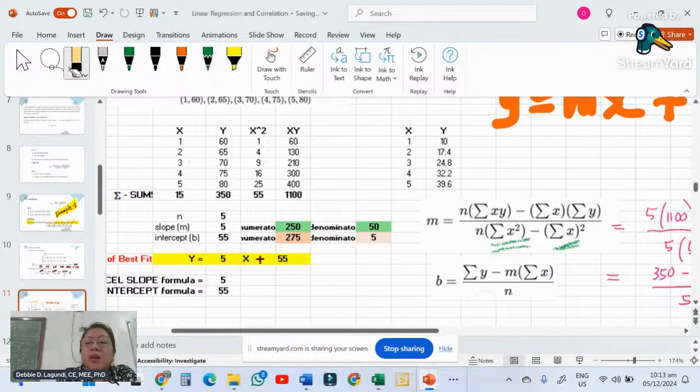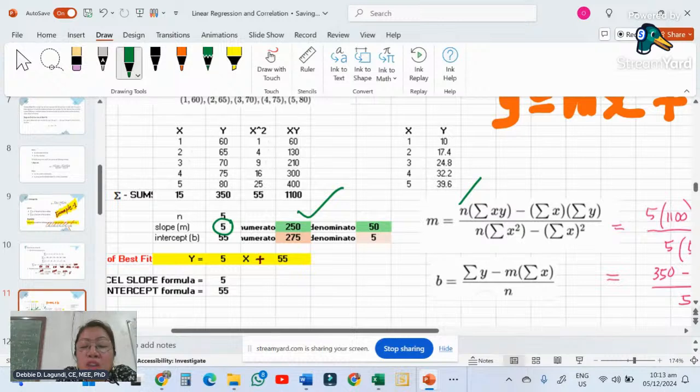Right. So that will be m. If I'm going to put it in here, my n is 5. My numerator would be n times the summation of xy minus the summation of x times the summation of y. You get 250 for that.